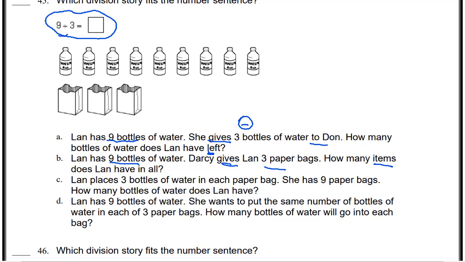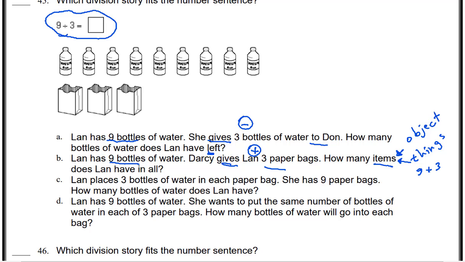Plus, because what's the meaning of items? Items or objects or things. These are all the same. So how many things does she have now? 9 bottles and 3 papers. So we will do 9 plus 3. So this is plus, not divide. So this one is wrong. Let's see the next one.